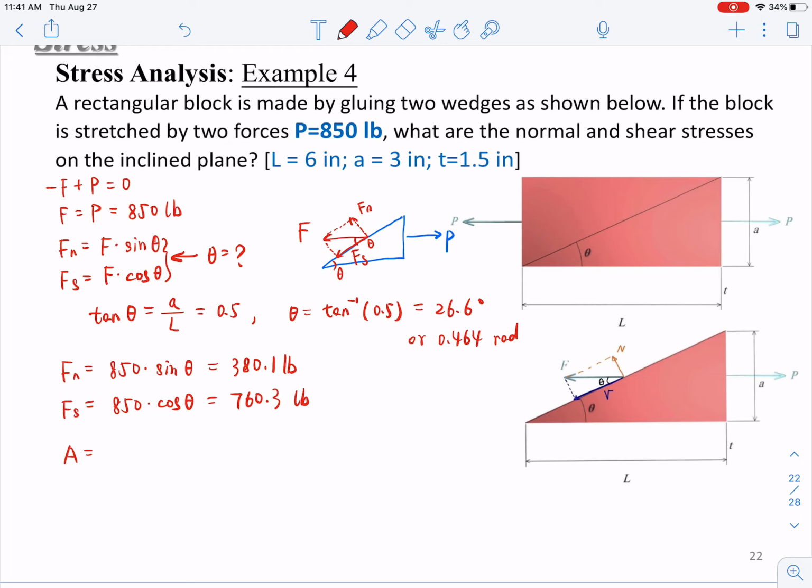We know L and A, so the width will be the square root of L squared plus A squared, times thickness T. We skip the calculations. You can see this is the square root of 6 squared plus 3 squared, times 1.5. So then we got 10.06 square inch.